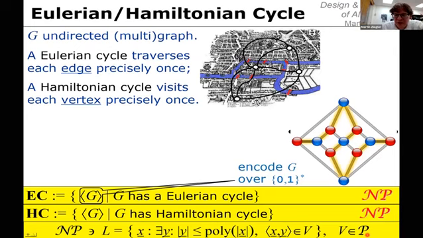We've reformulated both of them in the syntactic form, where X represents the binary encoding of the graph, and Y in the first case represents a candidate Eulerian cycle, a sequence of edges, whereas it represents a candidate Hamiltonian cycle, a sequence of vertices.